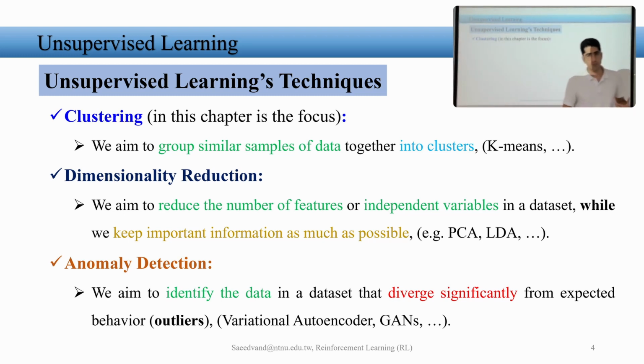I told you in supervised learning, when we want to group the data, we are doing classification, and we introduced lots of classification algorithms. But on the other hand, if we want to do a similar thing, if we have data and we want to split it, we call it clustering.